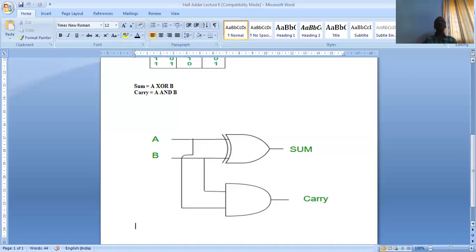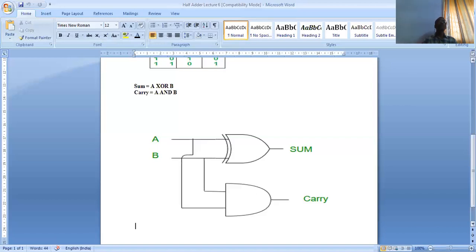The output of XOR gate is like this: 0 plus 0 output 0. 0 plus 1 output 1. 1 plus 0 output 1. 1 plus 1 output 0.